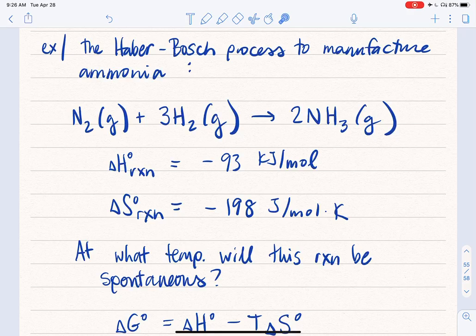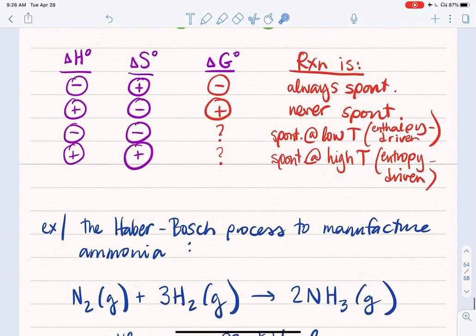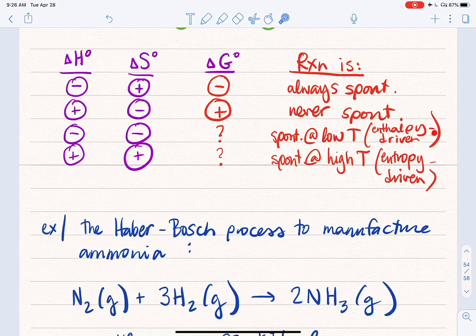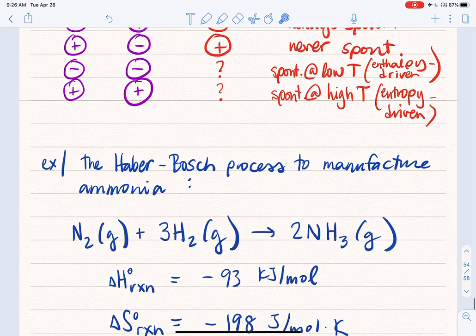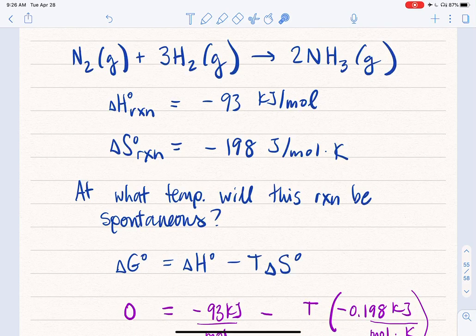So my question for you, since the sign of both of these is negative, we are in a situation where it's not necessarily clear that this reaction is going to be forward spontaneous. So it's in the category that is going to be spontaneous at low temperature. And my question for you is, at what temperature will this reaction be spontaneous?